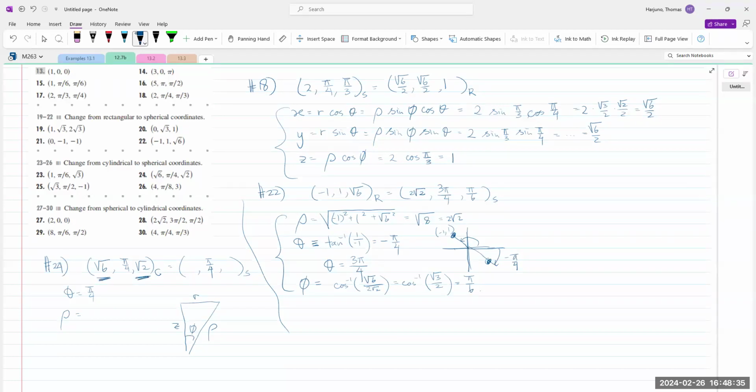That is square root of 6 squared plus square root of 2 squared. That's square root of 8, which is 2 radical 2.